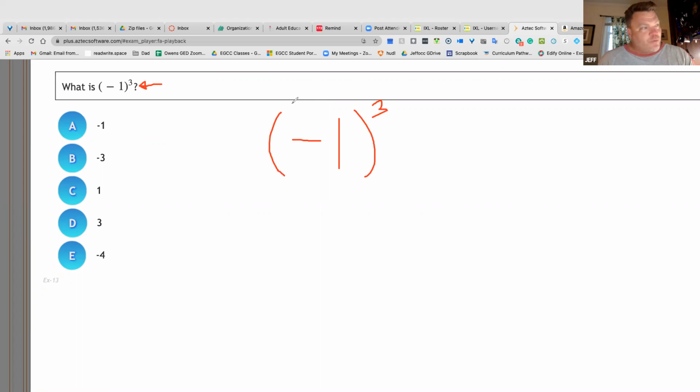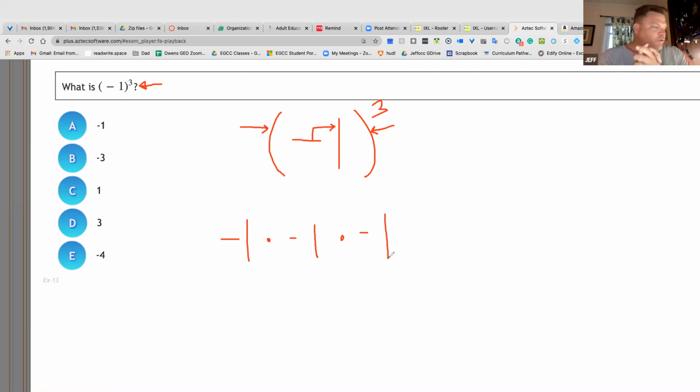Means when we see these parentheses, the purpose of these parentheses is to Scotch tape this negative sign to that number, so that when we repeat the 3, it's -1 times -1 times -1.